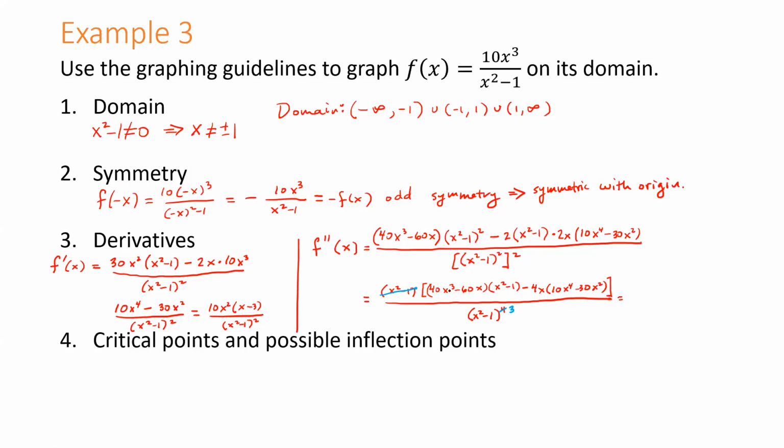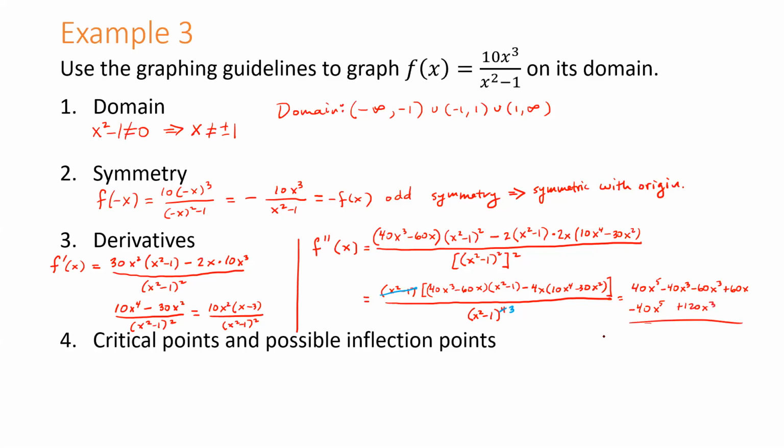Let me write it out really quick: 40x to the 5th minus 40x cubed minus 60x cubed, and then plus 60x. Okay, so that's foiling here. And then here I'll also foil, so minus 40x to the 5th, and then minus 4 times 30, so negative 30, so plus 120x cubed.